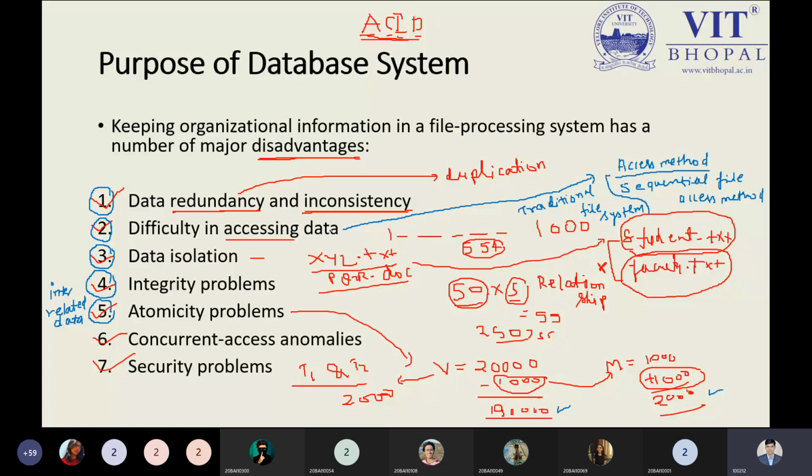A stands for atomicity, C stands for consistency, I stands for isolation, and D stands for durability.